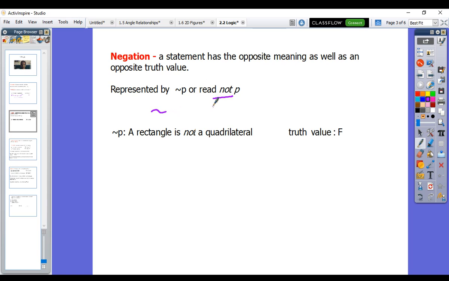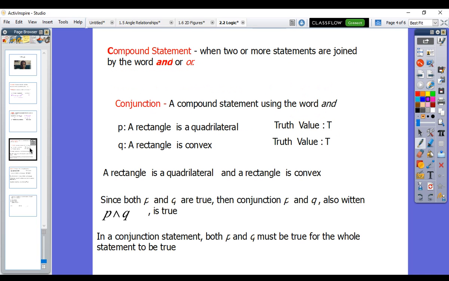Now, sometimes if the original P statement already has a not in it, if I negate that, it will be not or is. So here, a rectangle is not a quadrilateral. That is false. We negate our statement, so it makes it false.